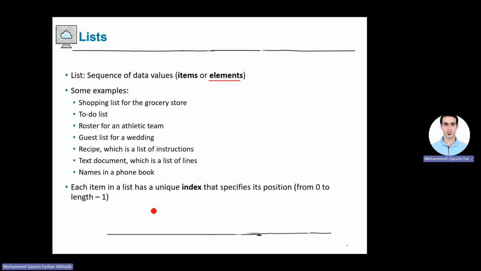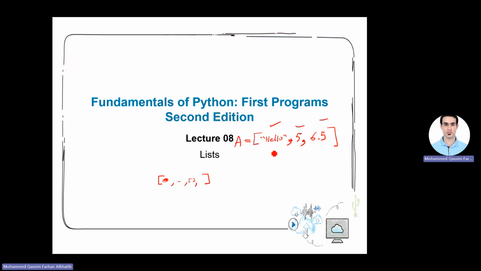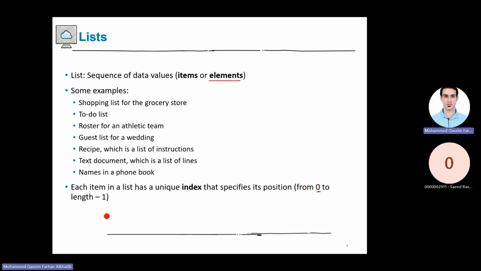Now, each list item has an index. So if you go back to this slide here, this one is index number 0, index number 1, index number 2, pretty much like strings. Remember the strings, each character has an index. Lists, each element has an index starting from 0. Okay, and the index ranges from 0 to the length minus 1, exactly like strings.